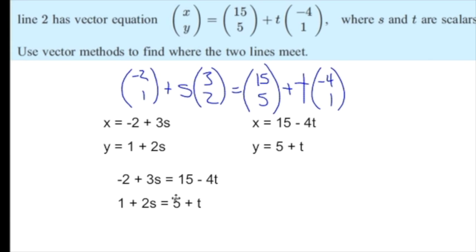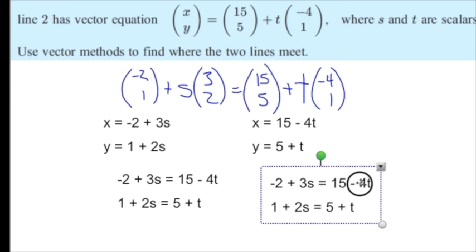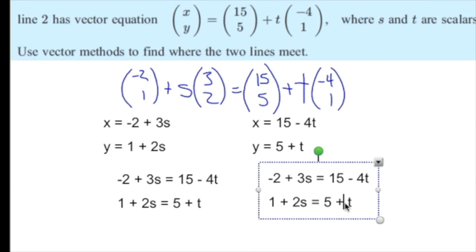One way that might be easy in this case would be to multiply this whole second equation by 4 so that it will cancel out the t's with the first equation. So if we were to do that, this would be a 4t, this would be 20, this would be an 8s, and this would be a 4.